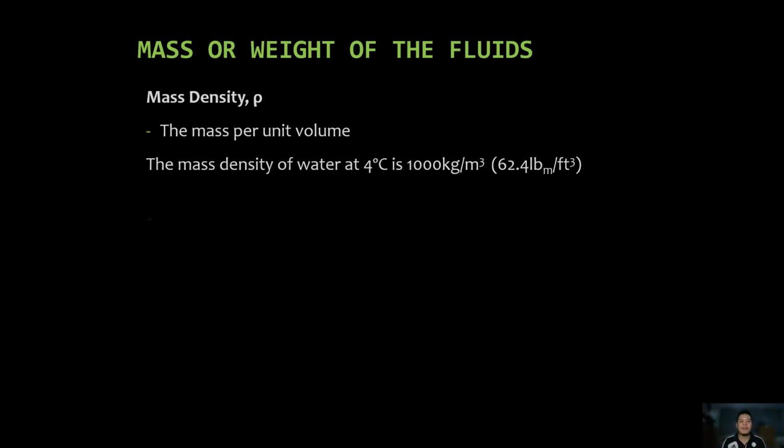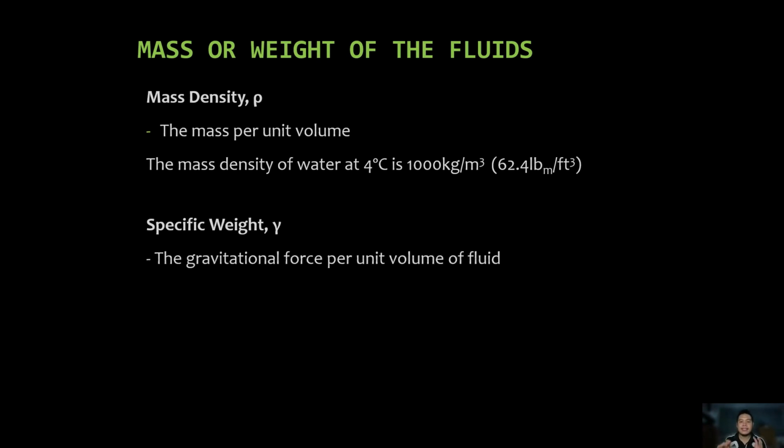The mass density of water at 4 degrees Celsius is 1,000 kilograms per cubic meter. In English units, it translates to 62.4 pound mass per cubic foot.